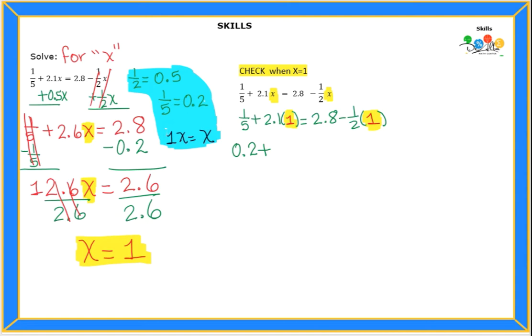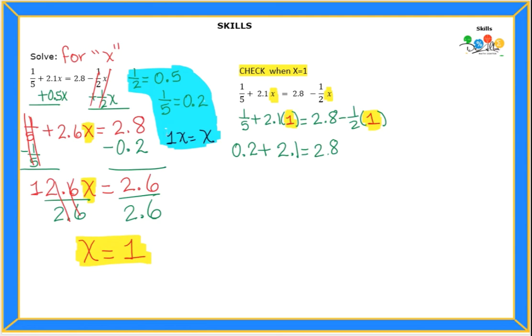And 2.1 times 1 gives me a 2.1. On the right, I have 2.8 minus half. Okay, so I am going to multiply half times 1, and half times 1 is half.